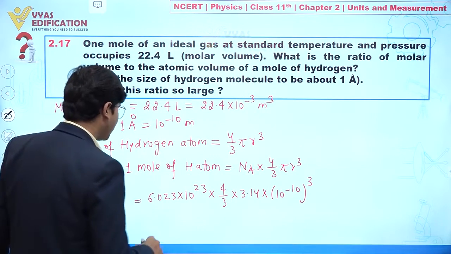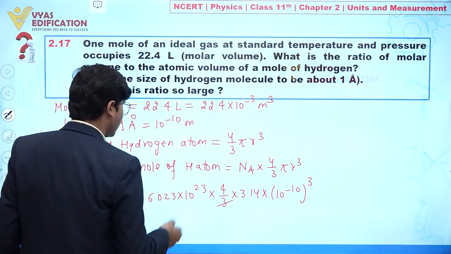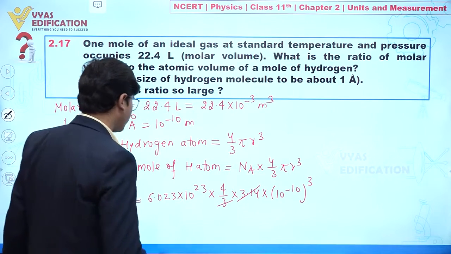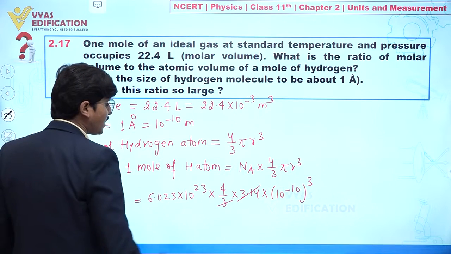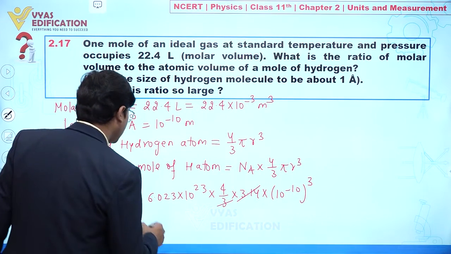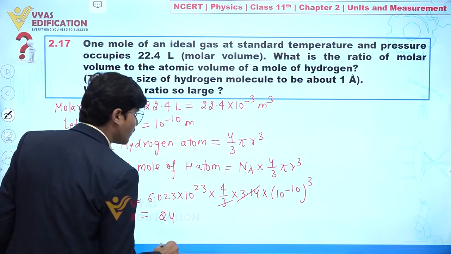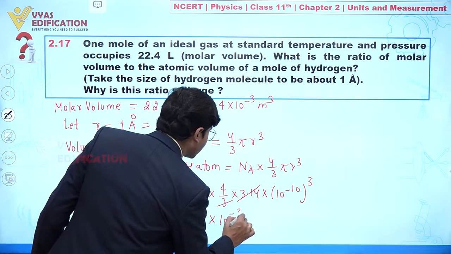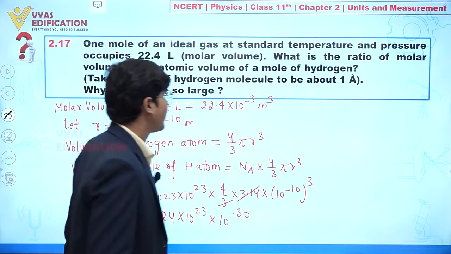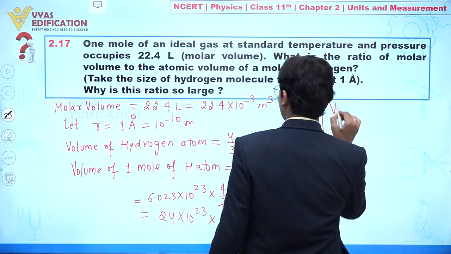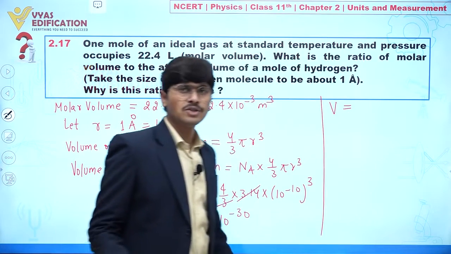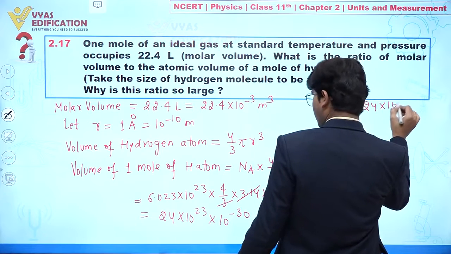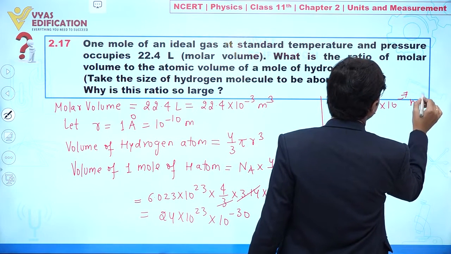Approximately the 4 by 3 pi cancels out to 1, so we get 6 multiplied by 4, near about 24 into 10 to the power 23 multiplied by 10 to the power minus 30. So the volume of 1 mole of hydrogen atoms is 24 into 10 to the power minus 7 meter cube.